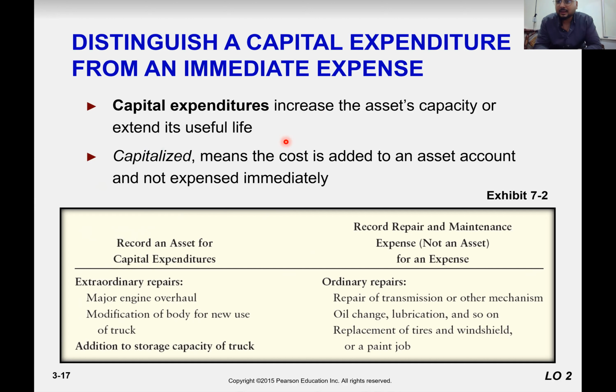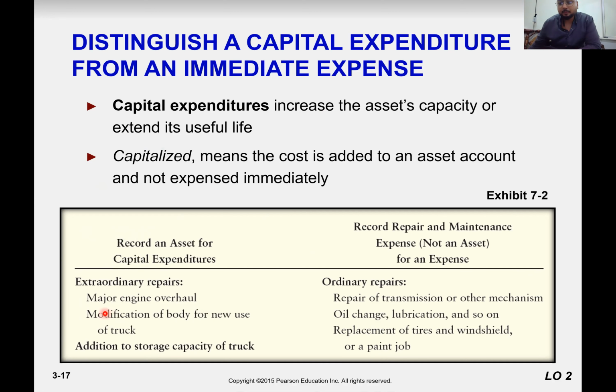So capitalize means the cost is added to an asset account, not expensed immediately. Because of the long-term nature, it is not going to the income statement, it is going to the balance sheet, right?